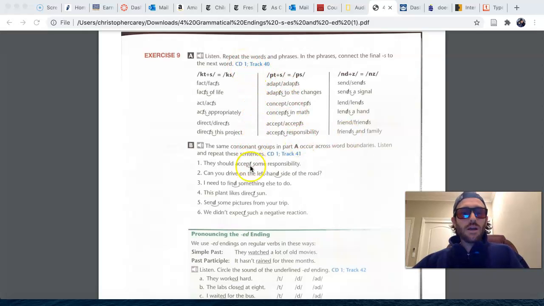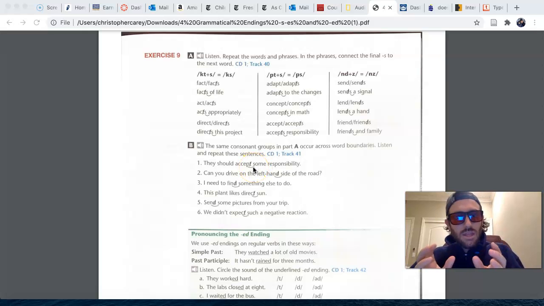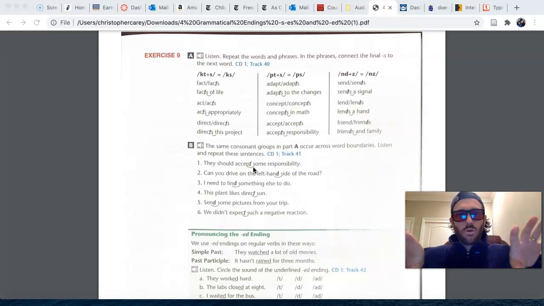CD 1 track 40. What you're going to do here, your assignment, is to record yourself saying sentences 1 through 6 here for exercise 9 part B. You can listen to CD 1 track 41 to hear how they're pronounced, but you're paying particular attention to this consonant cluster at the very end and how it is omitted when we add the ending S. So this happens even when you have separate words.